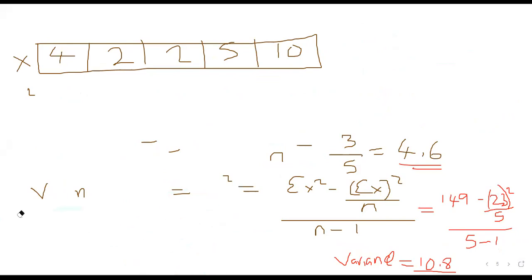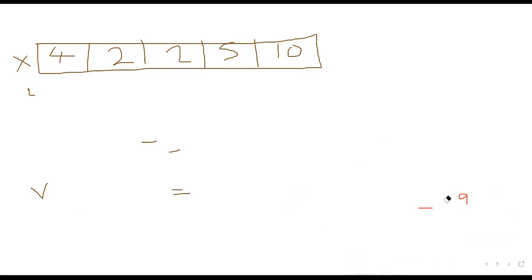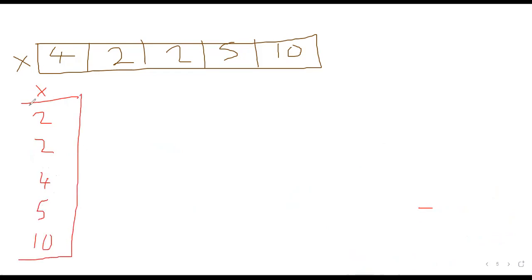So it would help me to rearrange this information starting from the smallest to the biggest. Can you help me? What is the smallest value there? We have 2. Okay. Then we have 2, 2. Then 4, 5, 10. All right. So this is our new data set.